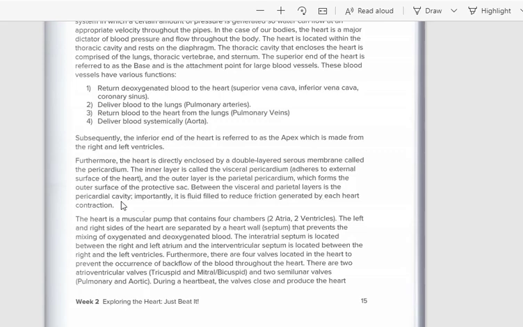So you've got a whole bunch of P stuff going on. You've got pericardial, parietal pericardium, and let's see, it seems like there was another P word in there too. But anyway, work on those. Think about which layer's which. But the easiest one, of course, is the one that is the inner layer.